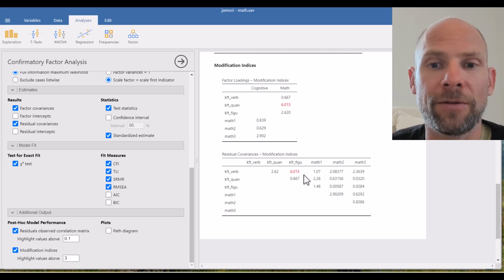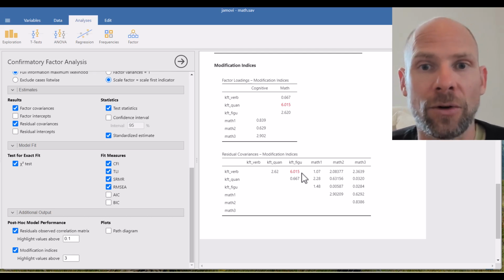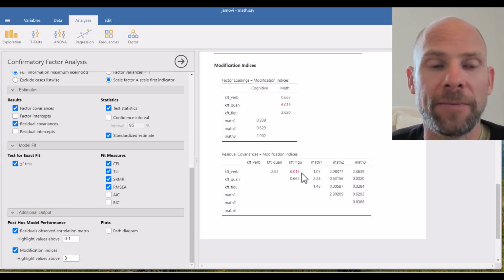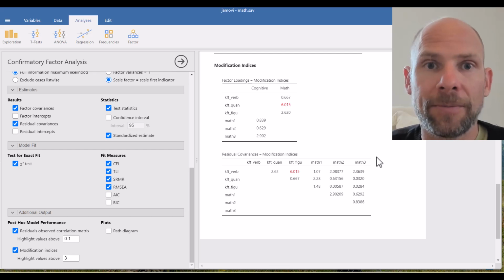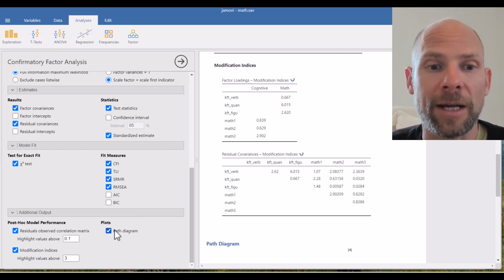This is also a modification index that is relatively high, but again, I wouldn't add that covariance here, because the model fit overall is excellent. So no need here to change anything. But it's useful that Jamovi offers you these types of diagnostics so that you can assess model misfit in more detail. You can also generate a path diagram of your model, which may be nice to look at.